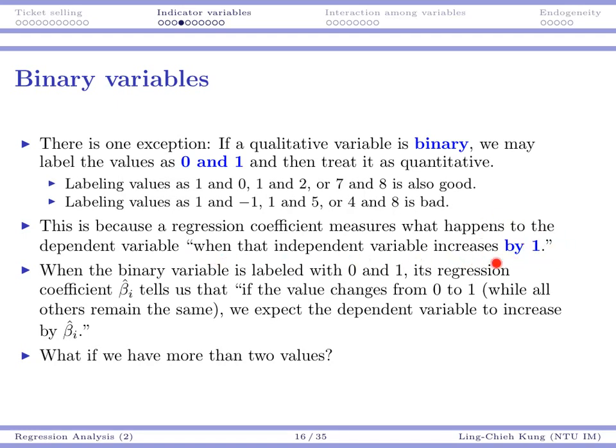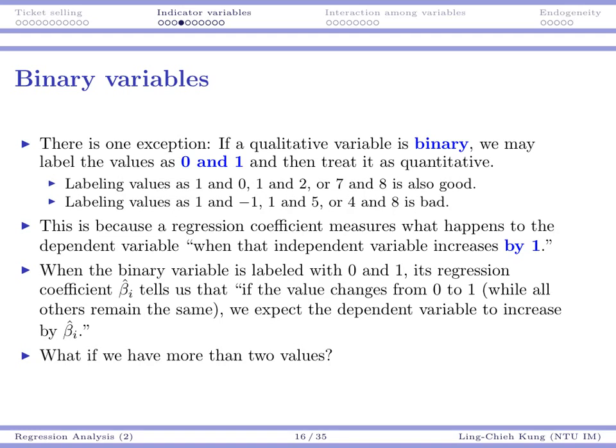That's the regression coefficient's meaning. So if there are only two values and the difference is 1, then increasing by 1 just means moving from 0 to 1. And moving from 1 to 0 will have an impact which is the negation of the coefficient.